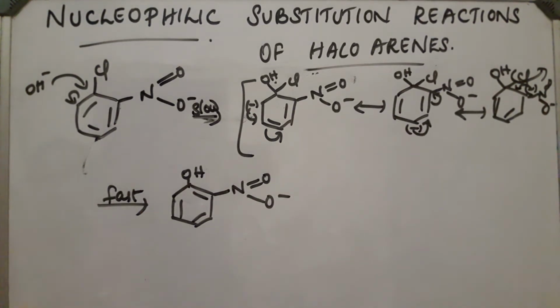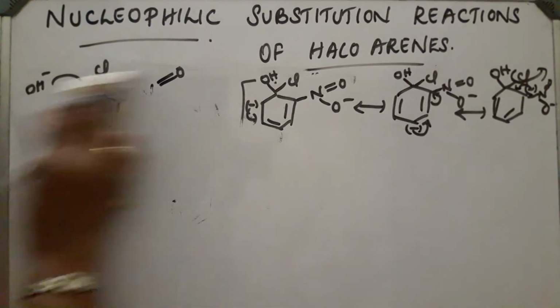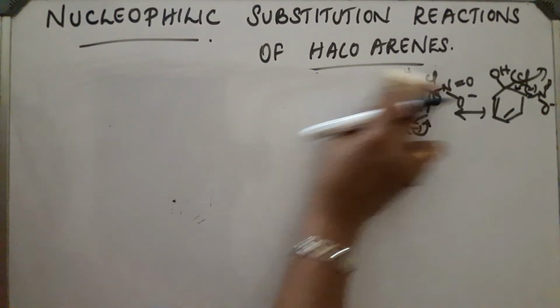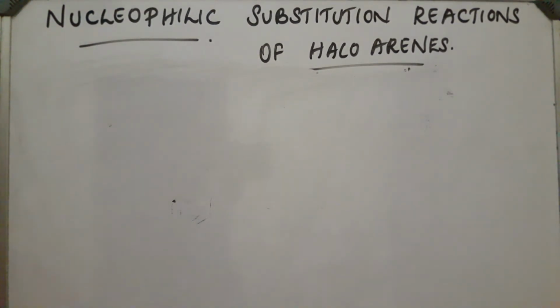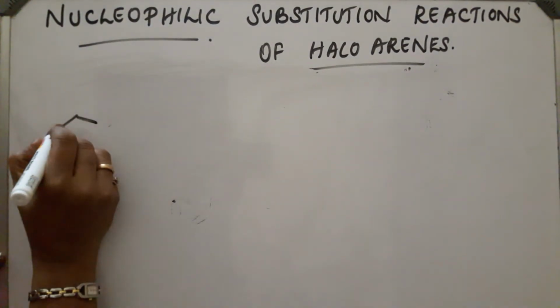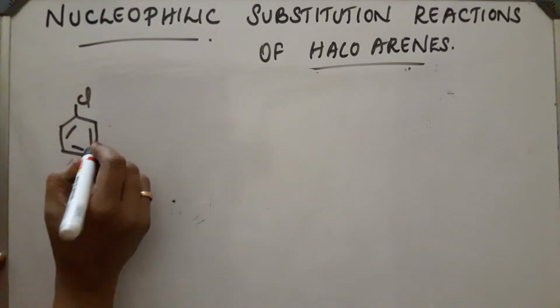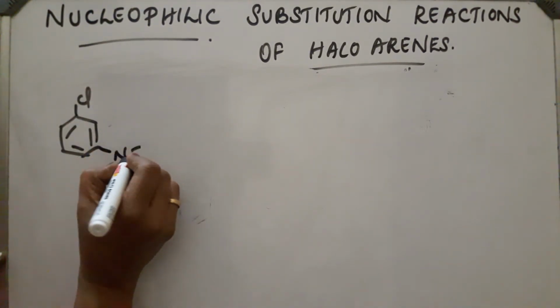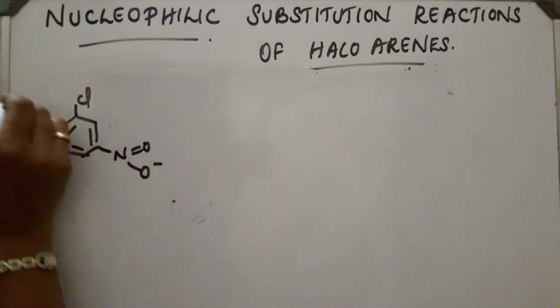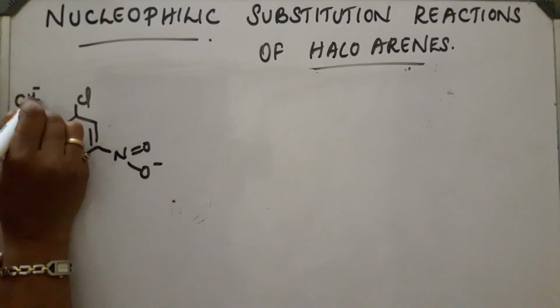Now let us discuss what will happen in the case of the meta position, if NO2 comes in the meta position. Cl, and here NO2 comes. OH minus moves here.